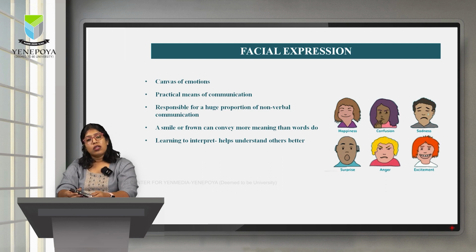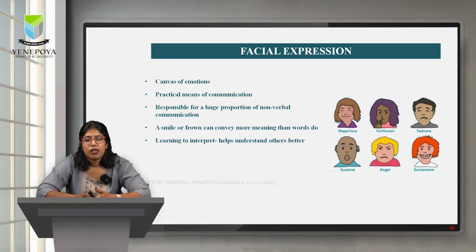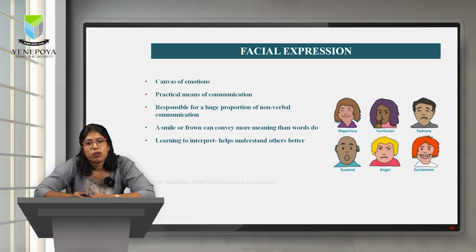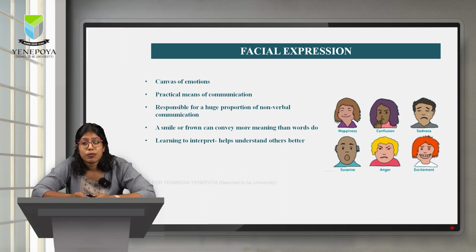We must also learn how to interpret. The reason being, if you are unable to interpret what a person is going through or the facial expression that he is expressing, you may be misled or misguided if you are not able to interpret the actual meaning of their facial expression, right? This will help you understand each other better.